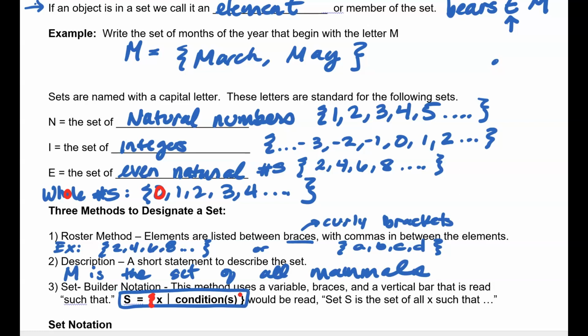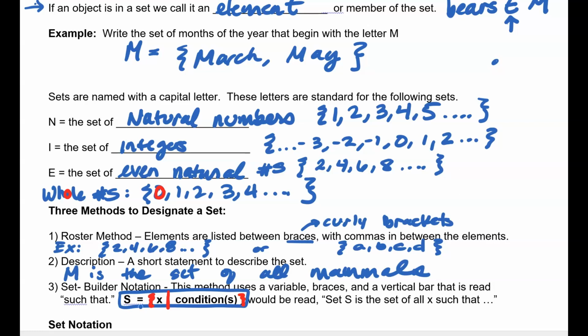You start by using curly brackets, and then you always put this vertical line next to the X there. And so you say all values of X such that, because that vertical line means such that, and then you give a condition, the way to describe the elements in the set.